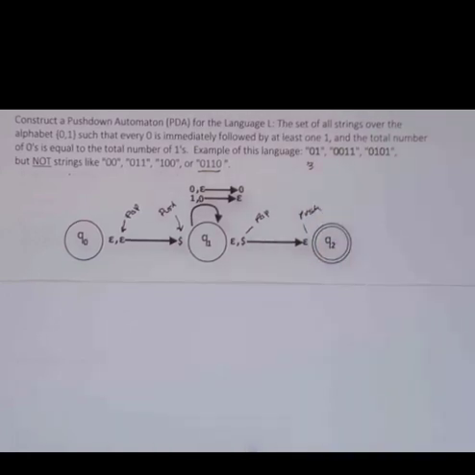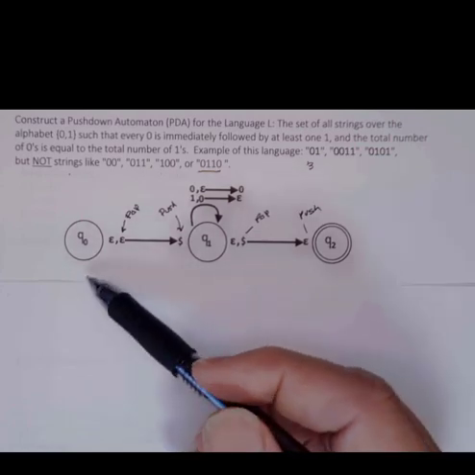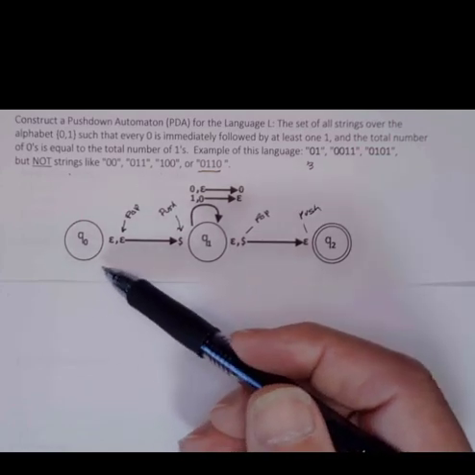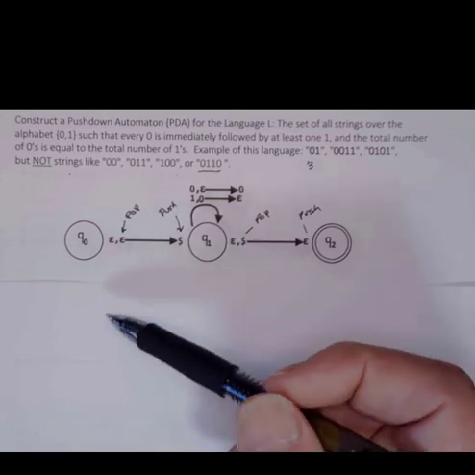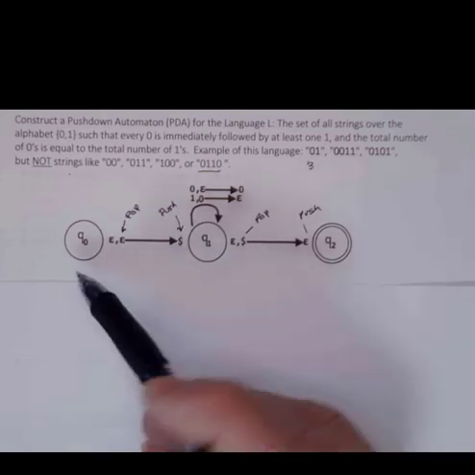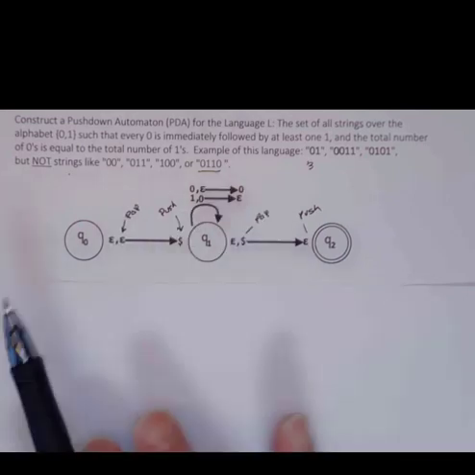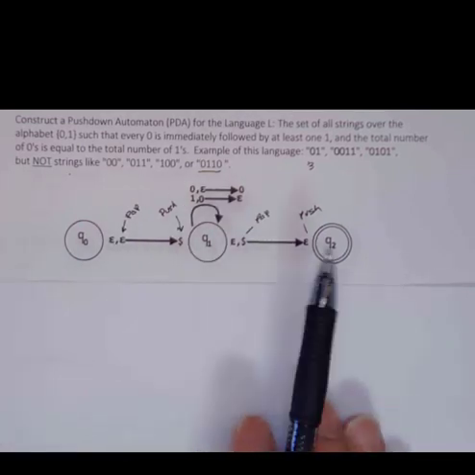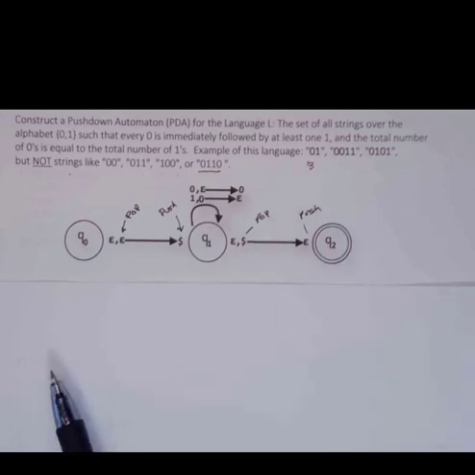We're using Michael Sipser's book, so we're following its conventions. Other books are different; other books would have only 2 states, actually, not 3. But we're doing Michael Sipser, so that's how he does it. We're going to follow his guidelines.